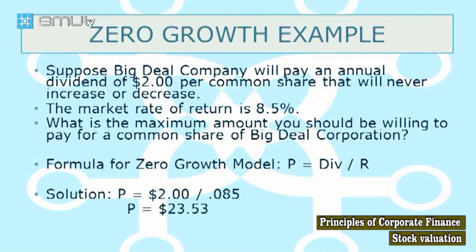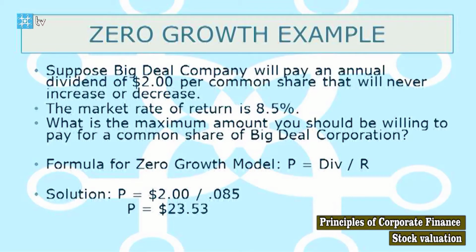We have an example. Suppose Big Deal company will pay an annual dividend of $2 per common share that will never increase or decrease. It means that it will remain fixed, constant. The market rate of return is 8.5%. What's the maximum amount you should be willing to pay for a common share of Big Deal Corporation?